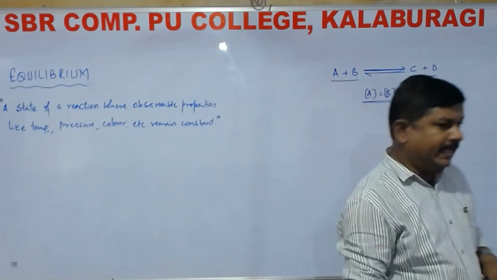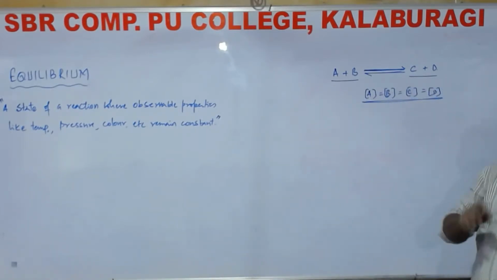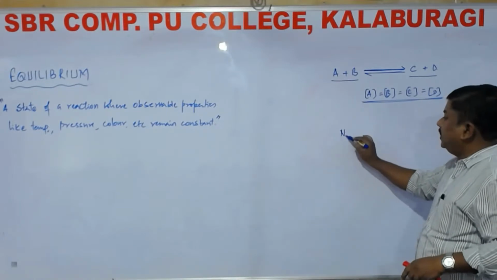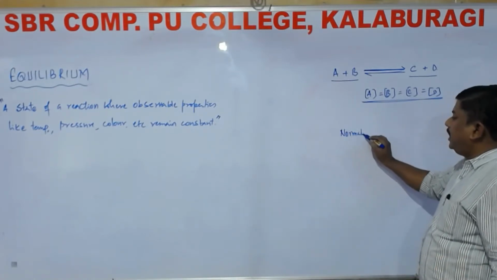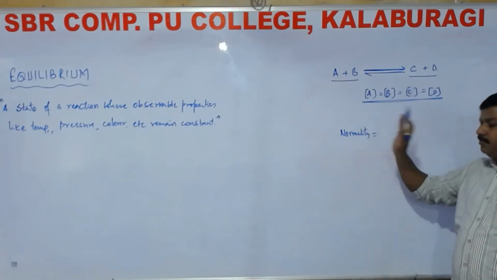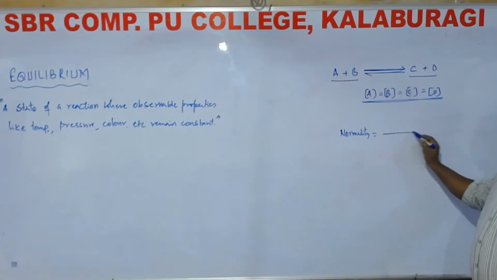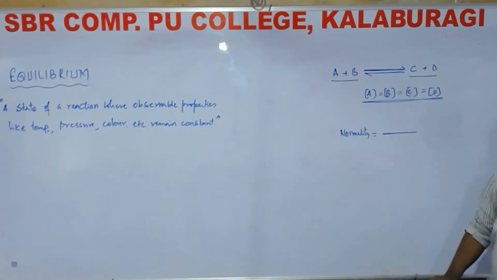I cannot explain the complete normality and molarity here, so I'll explain just one word. Normality means what? Normality is nothing but a measure of concentration of the solution. Normality of the solution can be calculated by using one simple formula.